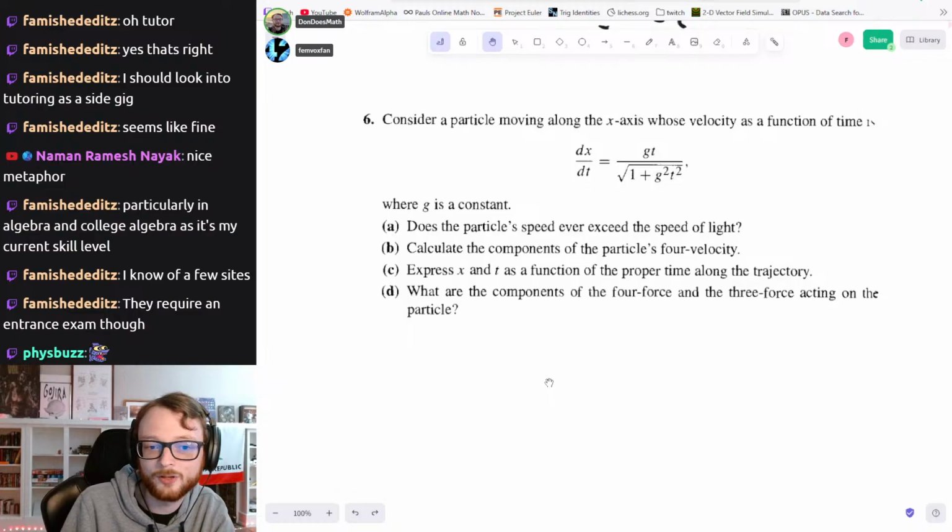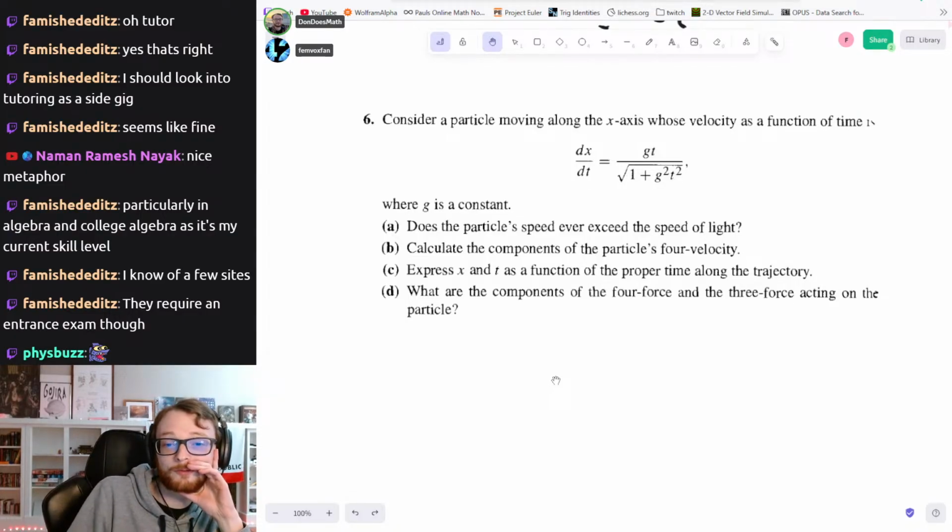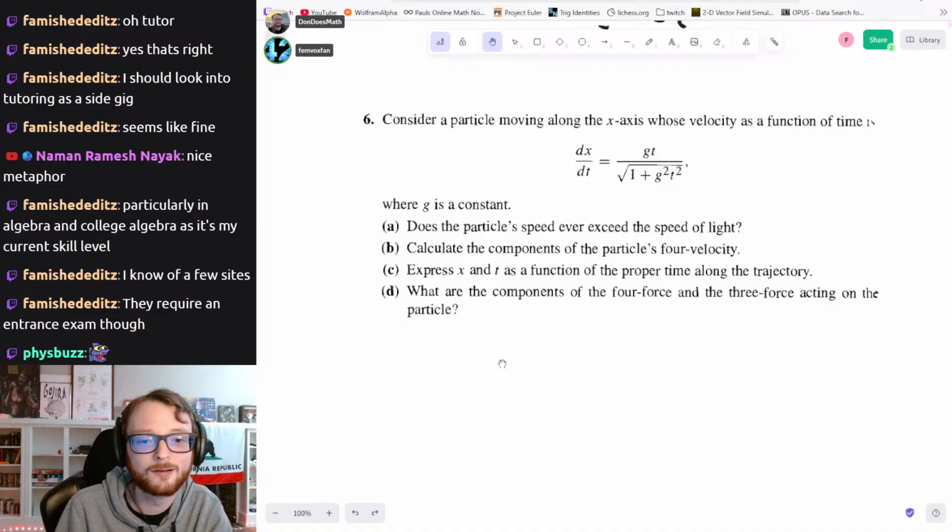I assume we maybe want to try a limit here as t goes to infinity. It's going to approach 1. Is it doing it from above or below? Probably below, because the denominator is always a little bigger, isn't it?